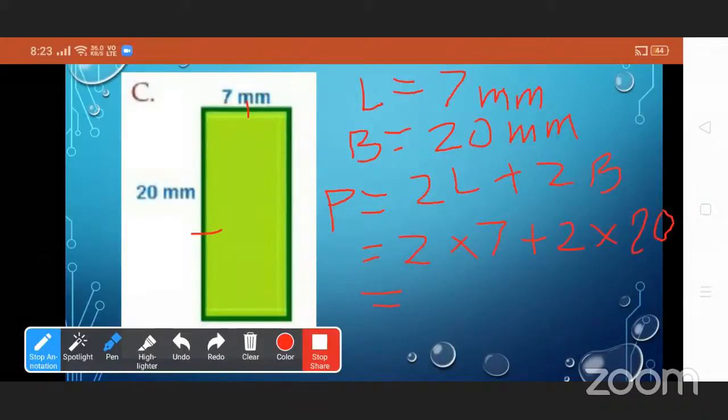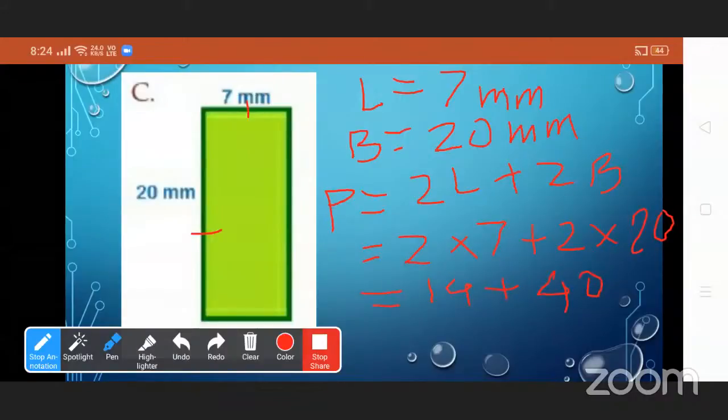2 into 7 is, Sir, 34. All answer are 34. No, no. 7 into 2 is 14, plus 2 into 20 is 40.